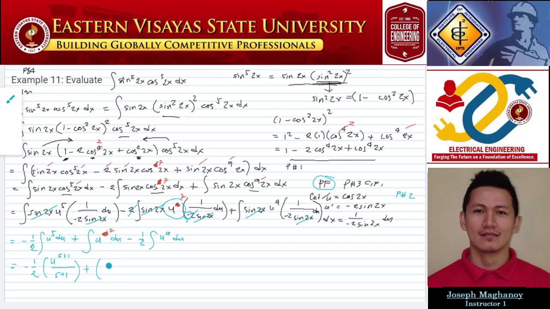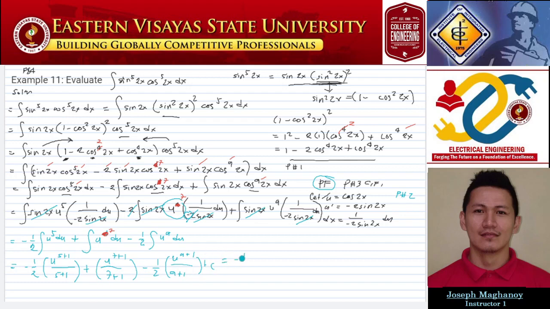Okay, so proceeding with our power formula, you have u^7 plus 1 over 7 plus 1, minus 1 half, u^9 plus 1 over 9 plus 1, plus c. Okay, continue.